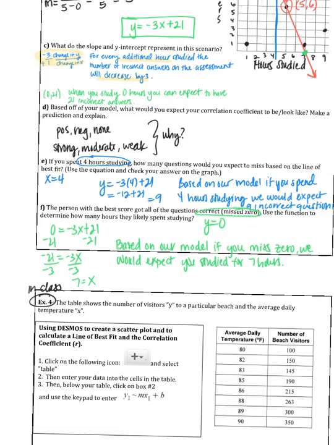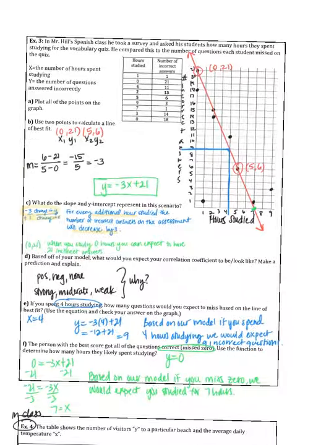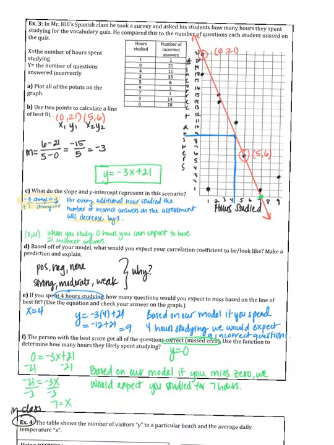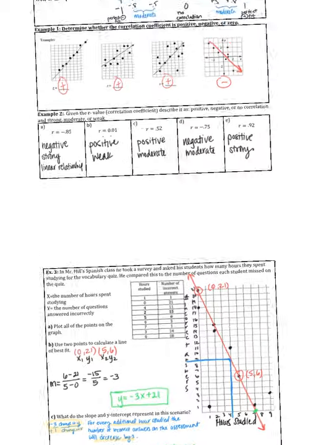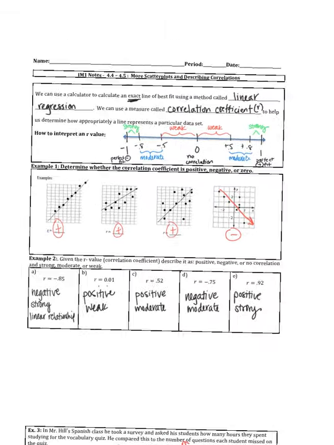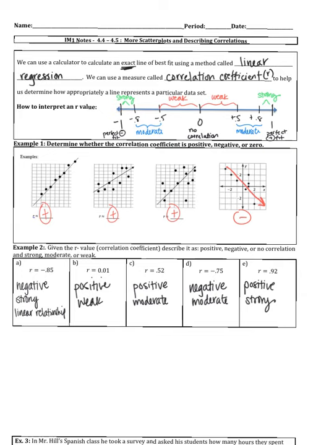What we learned today is further about lines of best fit, how to create them, and that we have even more ways to describe a line of best fit based off of the correlation coefficient, which tells us how strongly the one and only line of best fit represents our data. We don't need to be concerned about how to calculate this. We just need to be concerned about how to read it using strong, weak, or moderate.